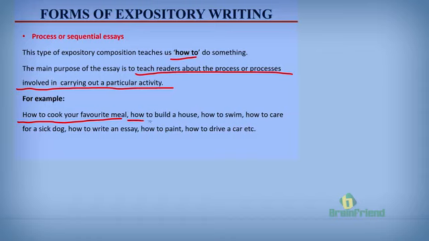Another one is how to build a house. This would teach engineers or people interested in building houses how to go about building a house from the first step to the last step. We also have how to swim, how to care for a sick dog, how to write an essay, how to paint, how to drive a car, and so on.